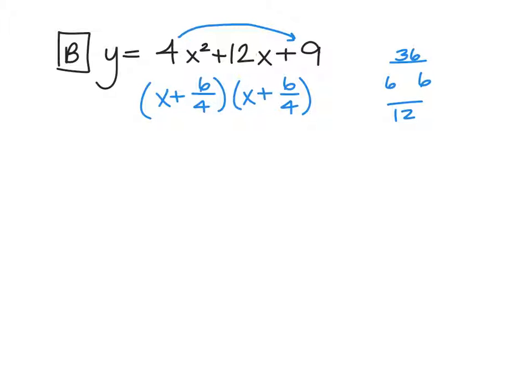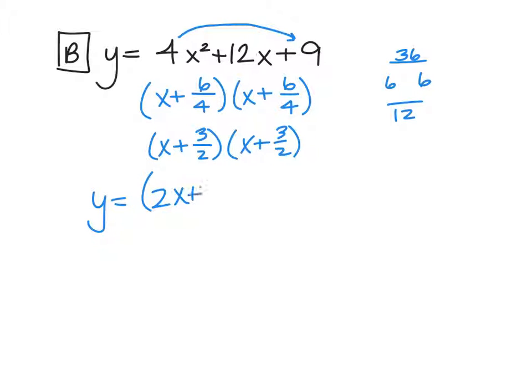And then I can simplify those. We talked about this today too. x plus 3 over 2, x plus 3 over 2. And then we can bring the bottoms up for factoring. So my factored form is going to be y equals (2x plus 3)(2x plus 3). Or we said today that we know we can rewrite this as (2x plus 3) squared. That's a better way to write that.